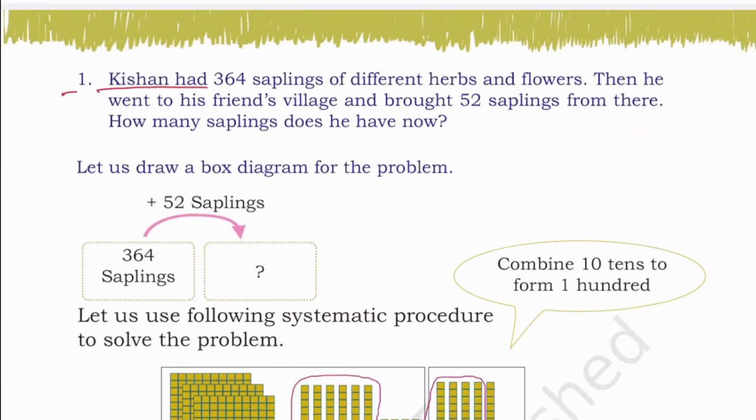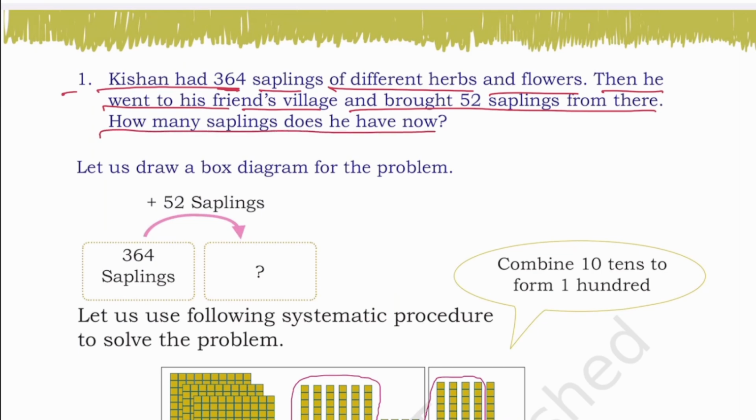One Kisan had 364 saplings of different herbs and flowers. Then he went to a friend's village and bought 52 saplings from there. How many saplings does he have now? Let us draw a box diagram for the problem.